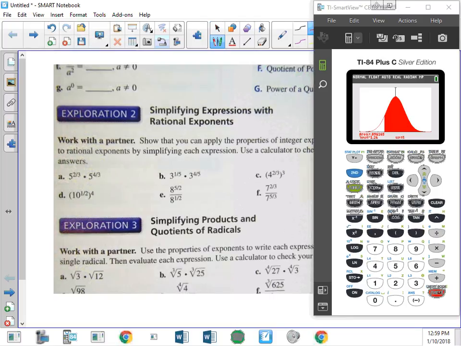Look at A. 5 to the 2/3 times 5 to the 4/3. If the bases are the same and I multiply, what do I do with the exponents? Add them. So what is 2/3 plus 4/3? 6/3. So I get 5 to the 6/3, and 6/3 is really just 2/1.